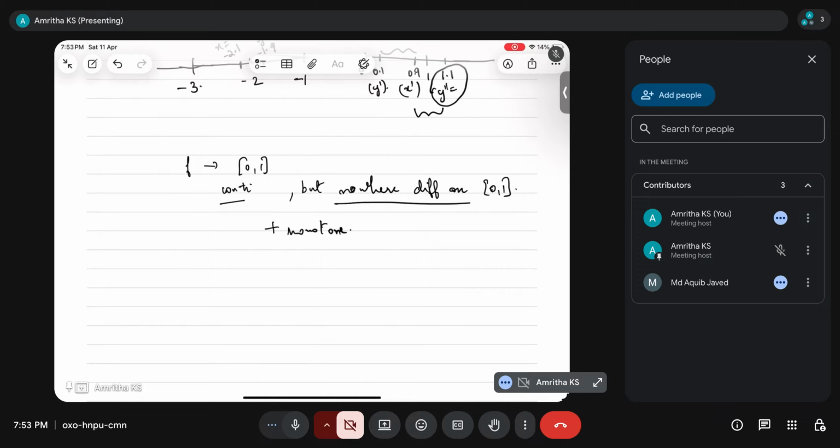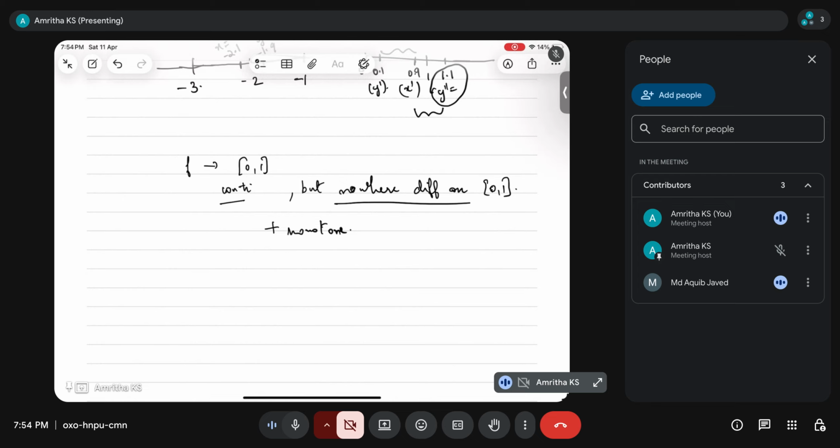Does not exist. Let me get the theorem. Yeah, it does not exist. Just because for a monotone function, the points where it cannot be differentiable will be countable actually.